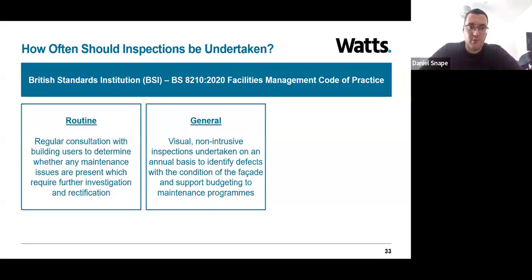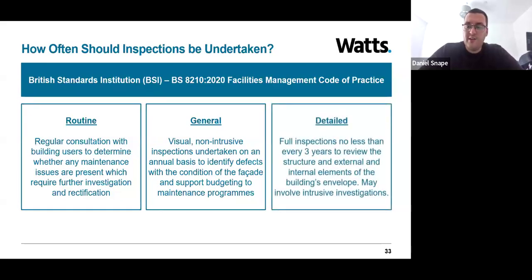These are the inspections that should really be undertaken by qualified, experienced professionals who will be able to identify defects and provide a suitable remediation methodology. It's important to consider the type of inspection that might be required. Drones or mobile elevated work platforms may be needed to get closer visual access to the facade, something that may not be possible as part of routine day-to-day visual inspections.